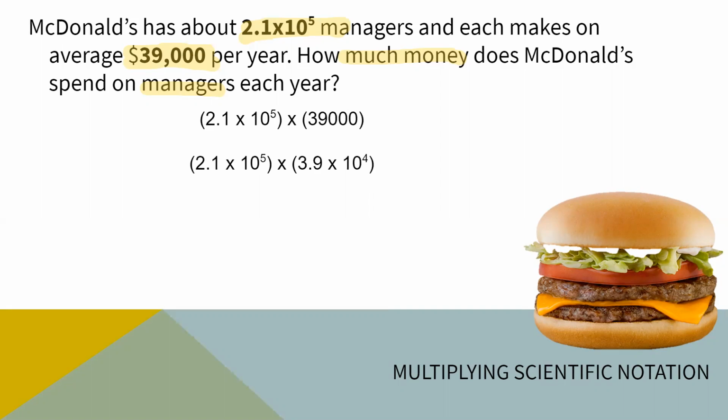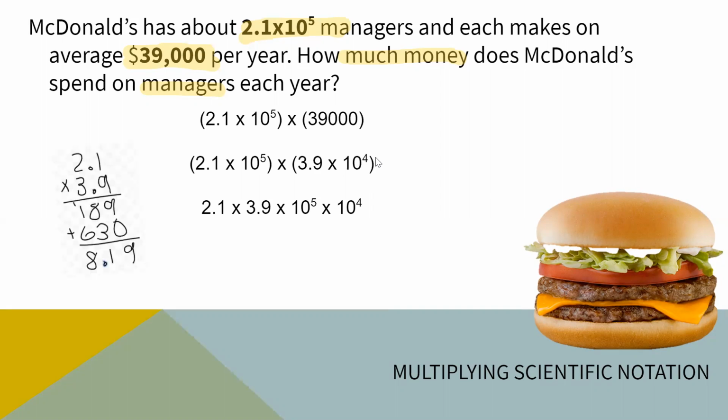Now I'm going to do what I did before, and group them up by factors and by my powers. I know that I can multiply my two factors, so I'm going to do that. And then I know that I'm going to be using the product rule over on the right side. When I do those two things, it can come together.